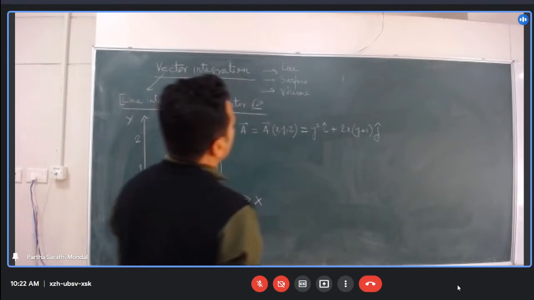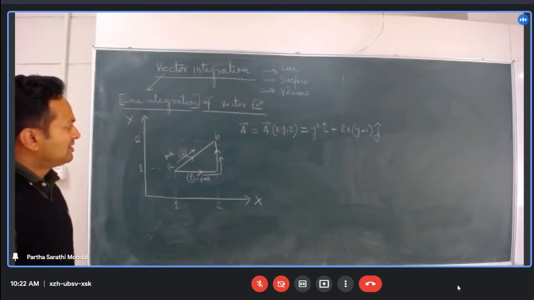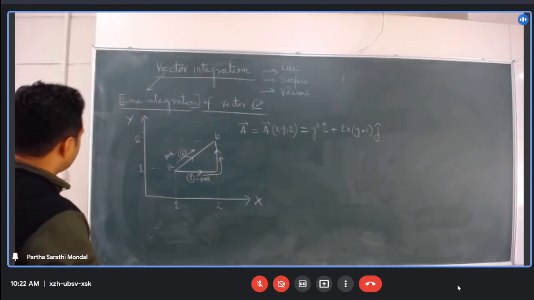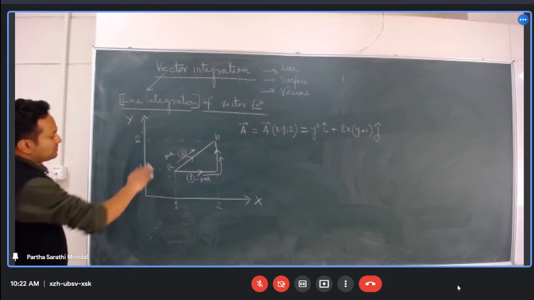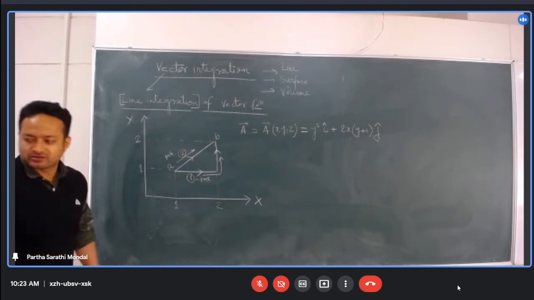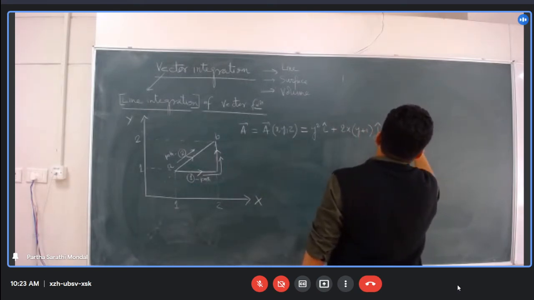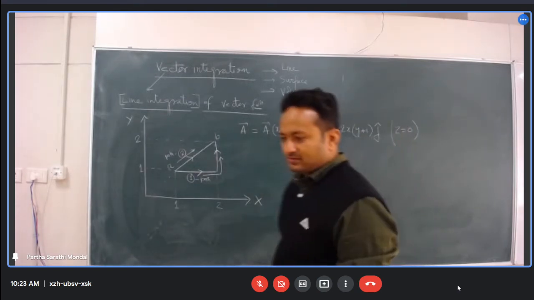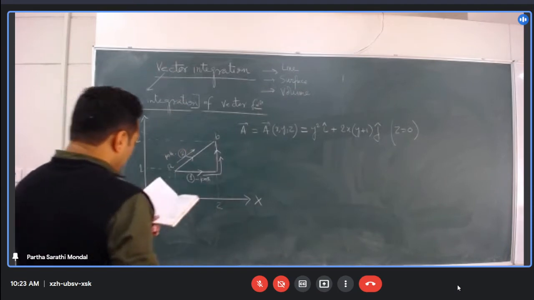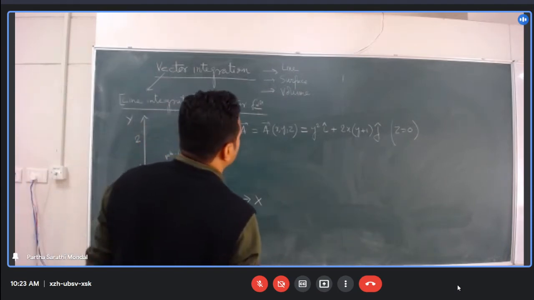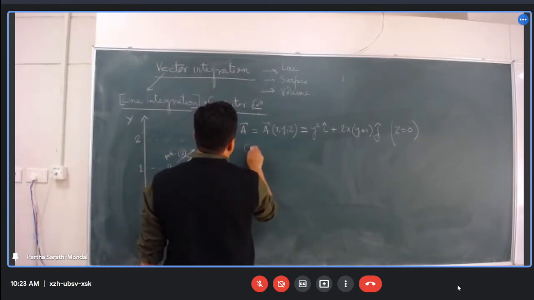It is in 2 dimensions, so z is along this direction, everything is happening in the xy plane, so z is 0.